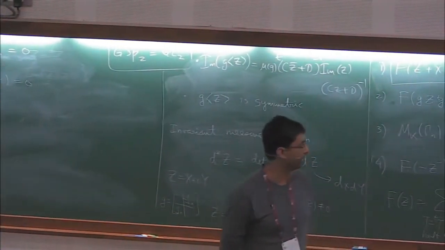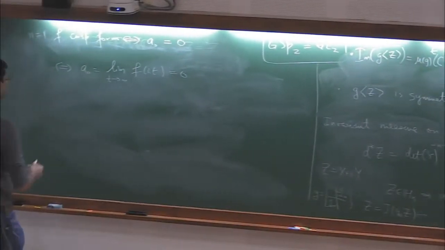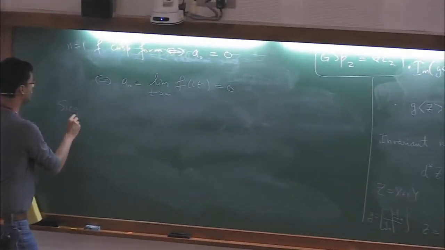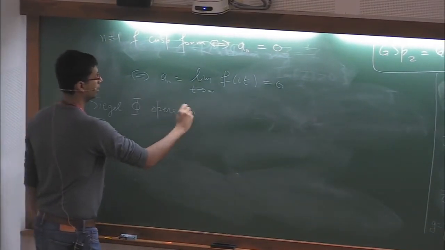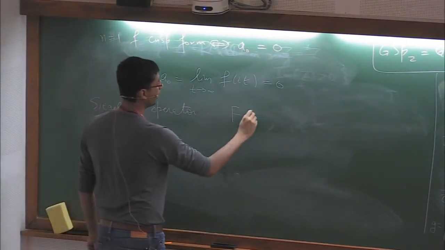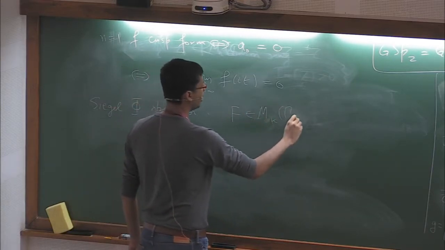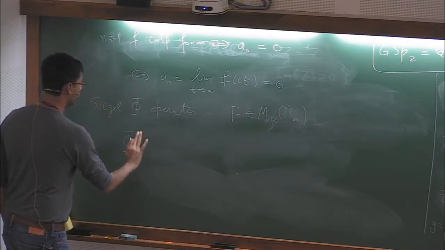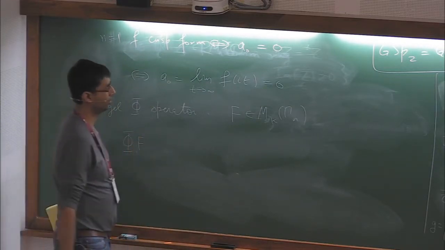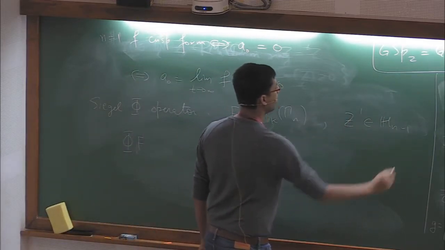And this is one of the motivations of defining what's called the Siegel phi operator. So what does it do? You take f in M_k(Gamma_n), and then you define phi f, where z prime is in H_{n-1}.